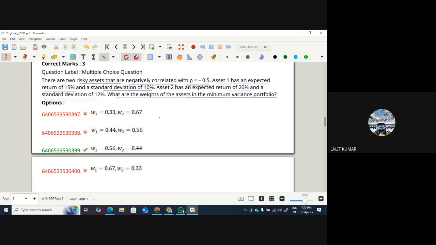So the formula is W1 is equal to (sigma 2 square minus covariance of A and B) divided by (sigma 1 square plus sigma 2 square minus 2 times covariance of AB).